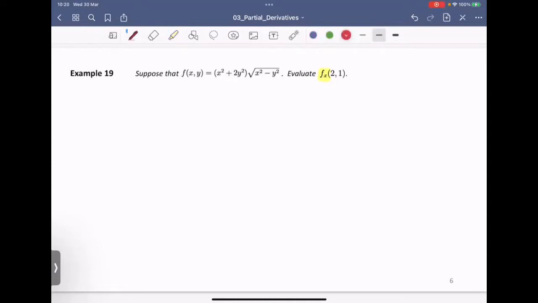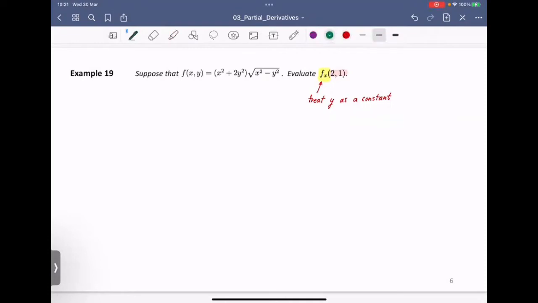Does it make sense? You have to treat y as a constant. Once you evaluate the partial derivative with respect to x, you plug in the numbers 2 and 1 at the end. So you're going to get the answer. Does it make sense? So we're going to look at that.